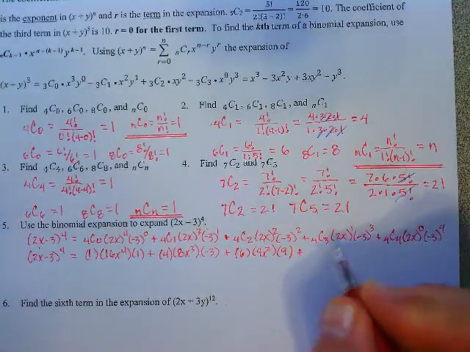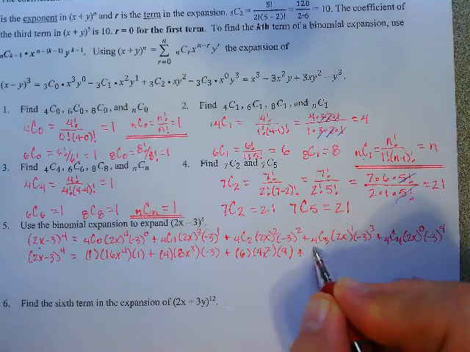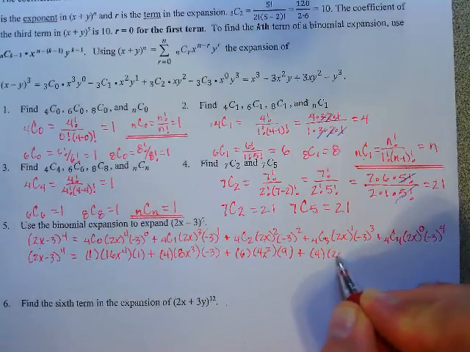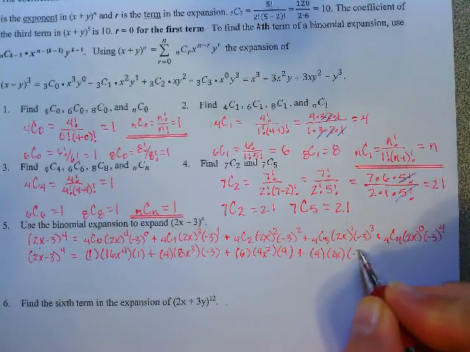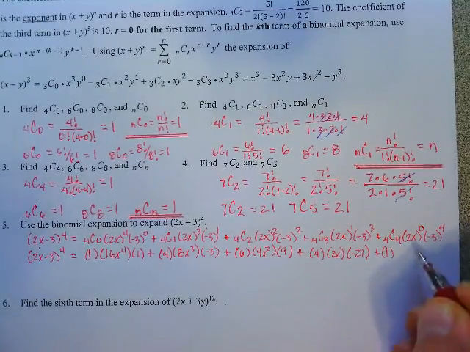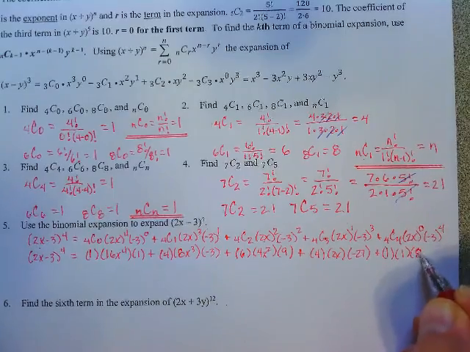Then we'll have 4c3, so it's 1 less than that, so that's going to be a 4. And then this is times 2x, and then negative 27. And then finally back to a 1, another 1, and this one's 81.